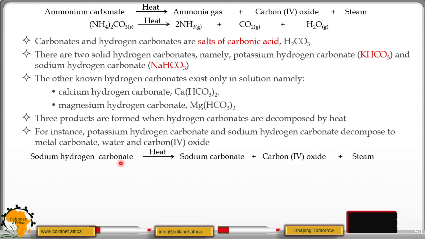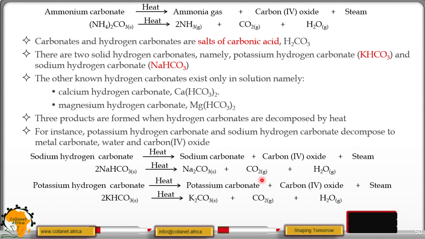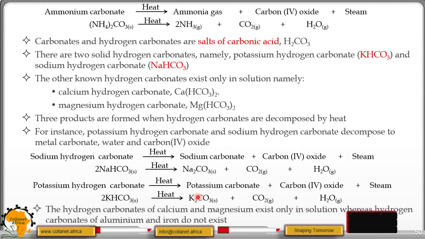Sodium hydrogen carbonate, when you heat, gives sodium carbonate plus carbon 4 oxide plus H2O. The same case with potassium hydrogen carbonate: you get a carbonate, CO2, and H2O. These cannot break down further because they are very stable carbonates, as we found earlier on.